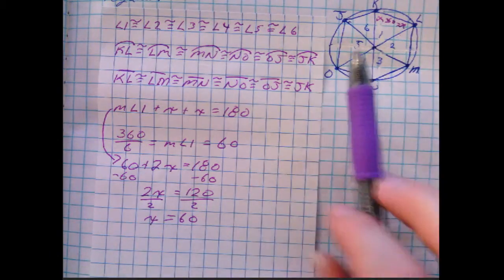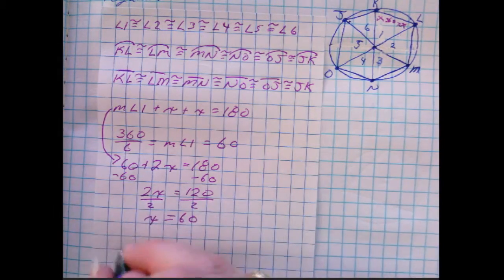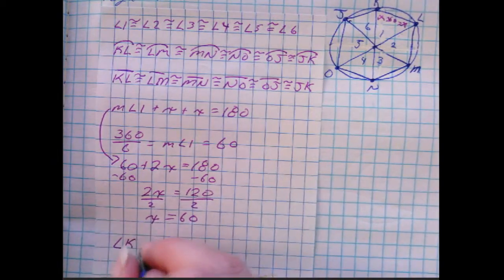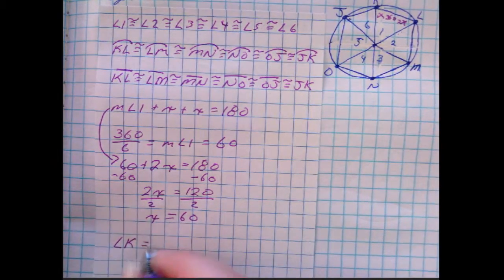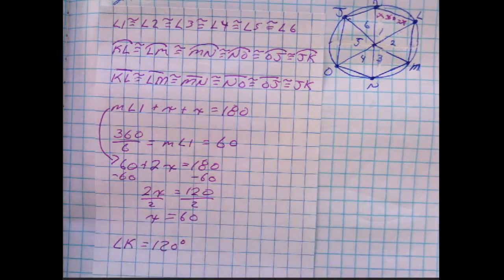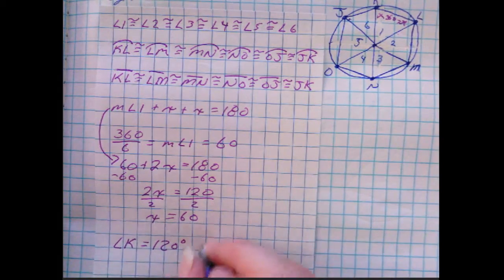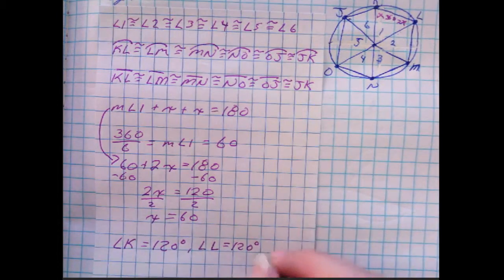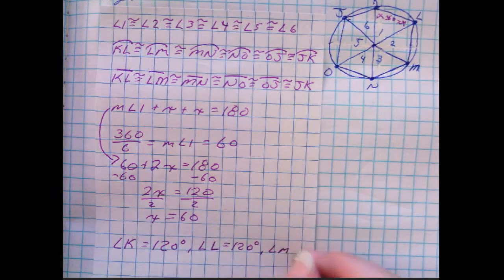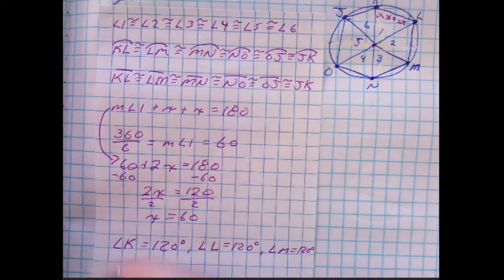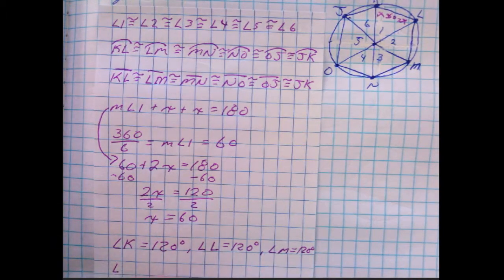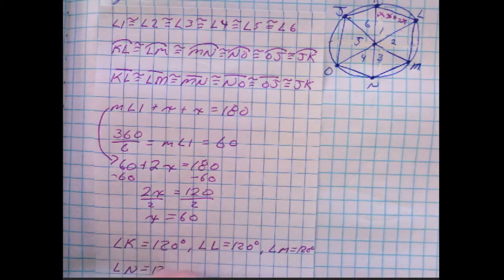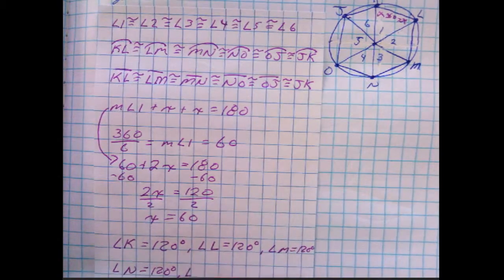So then if we look at this shape, we know angle K is 120 degrees. Angle L is 120 degrees. Angle M is 120. Angle N is 120. Angle O is 120.